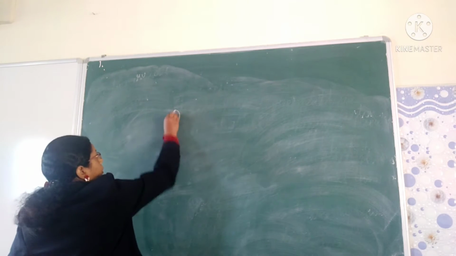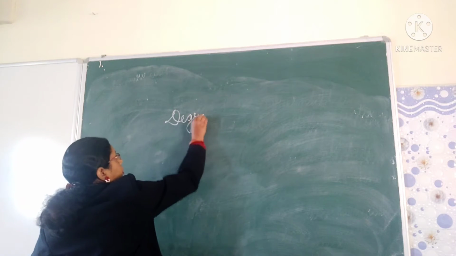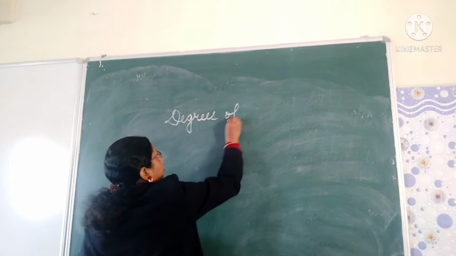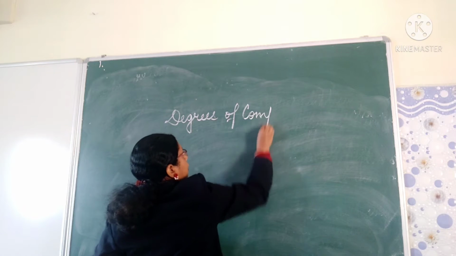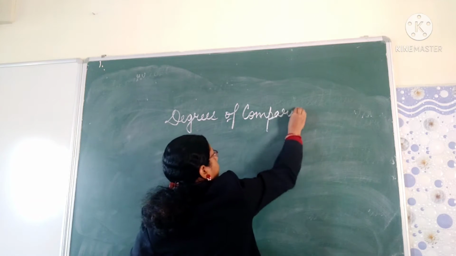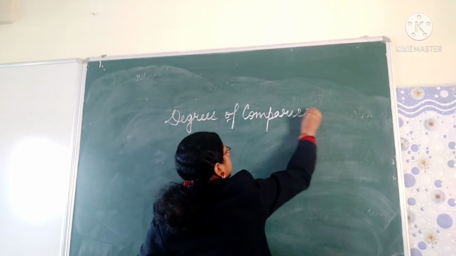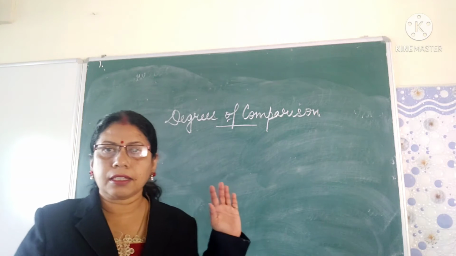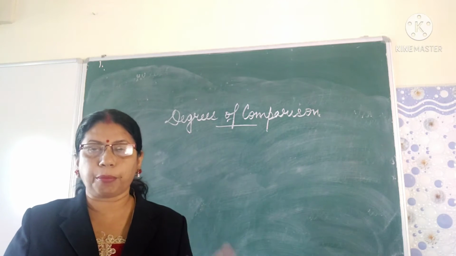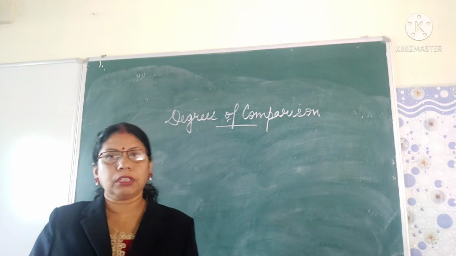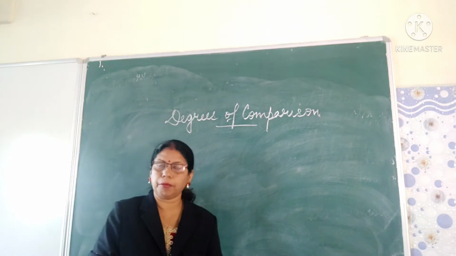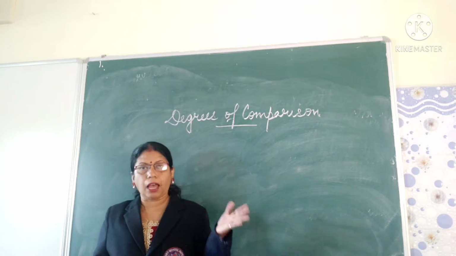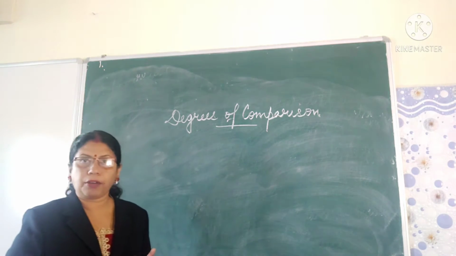Okay. Degrees of comparison. So now here, as the title suggests, it is the degrees of comparison. We know the degrees of comparison can be in an adjective as well as in an adverb.